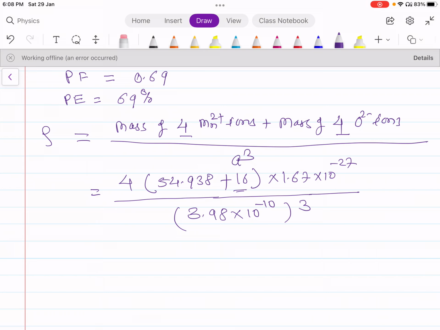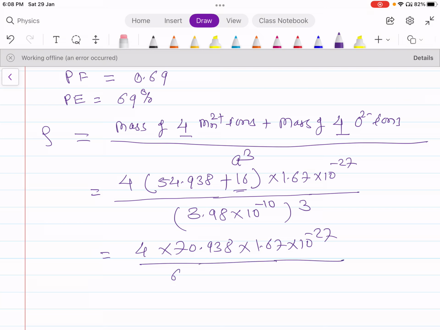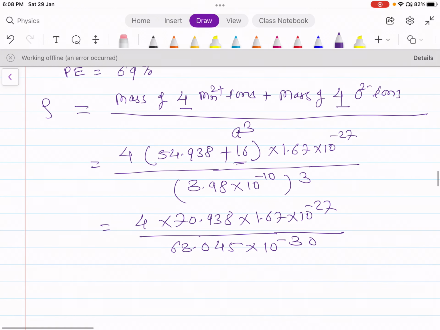Then let's simplify this. So this is the 4 into 70.938 into 1.67 into 10 to power minus 27 divided by cube of this 3.98 is 63.045 into 10 to power minus 30, and that gives us the value of 7.5 into 10 raised to 3 kg per meter cube.